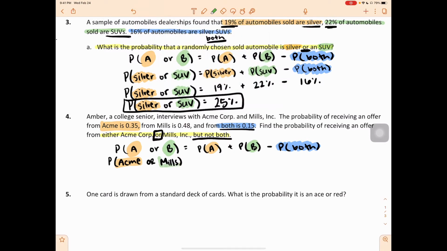And from Mills Incorporated is 0.48 or 48 hundredths. Here I always like to write it out in words. So first we have the probability of receiving an offer from Acme Corporation plus the probability of receiving an offer from Mills Incorporated minus the probability of receiving an offer from both. Okay, so I'll go and color code these real quick.